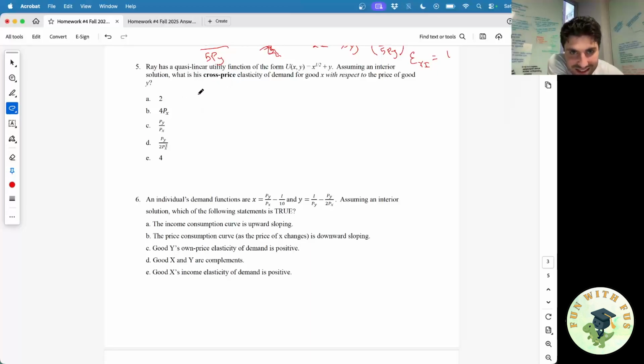All right, let's get started. So this is going to be 1/2 x to the negative 1/2 divided by 1, and we're going to multiply by px. So wait, this would be 1 over 2x to the 1/2.